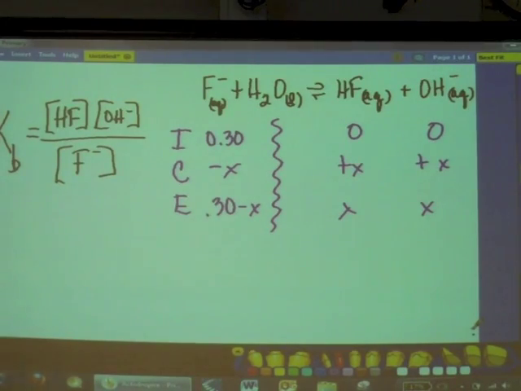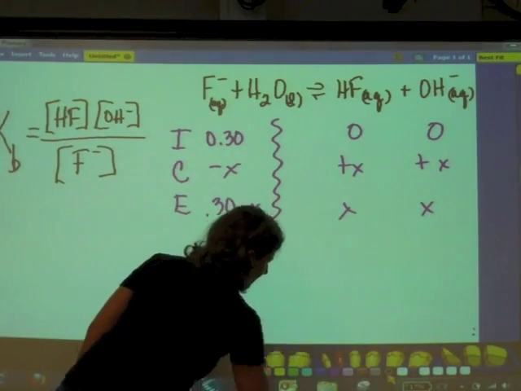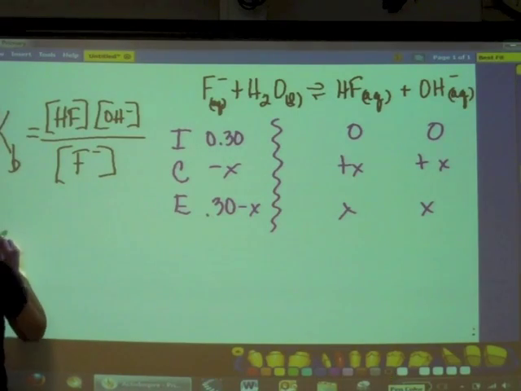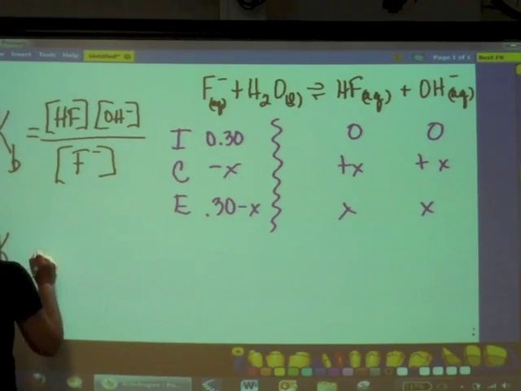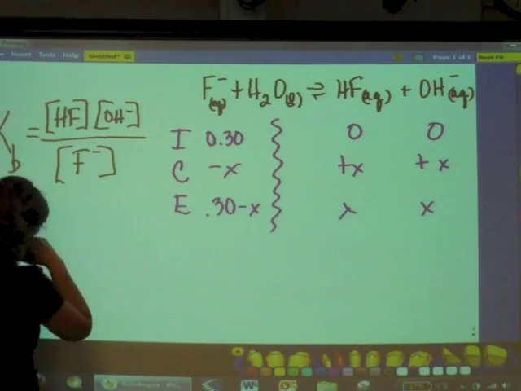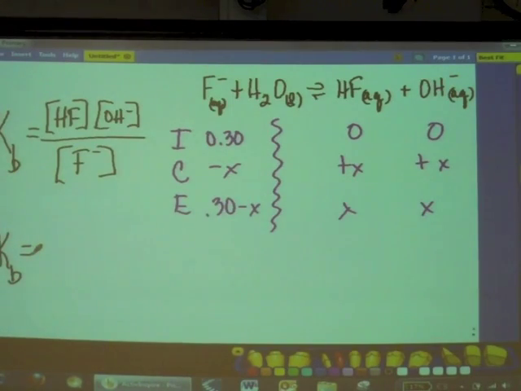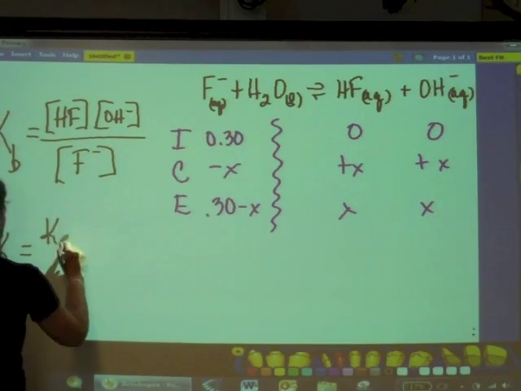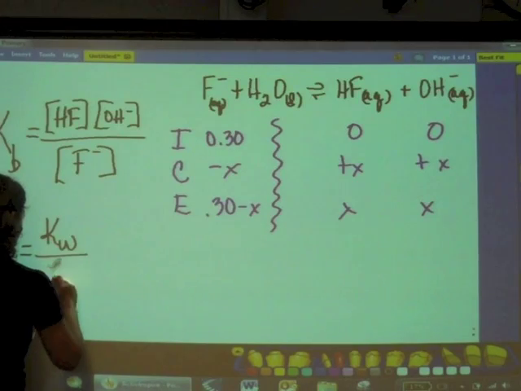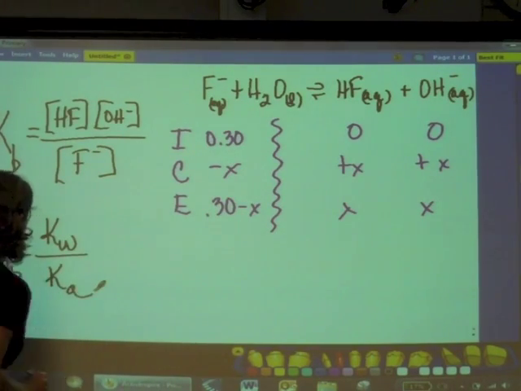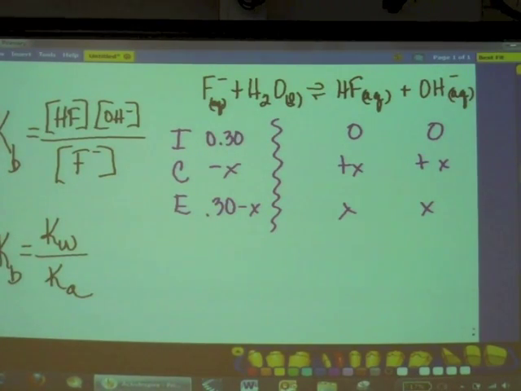Well, we're going to say that Kb is equal to Kw divided by Ka. This is a relationship that you have not seen yet.